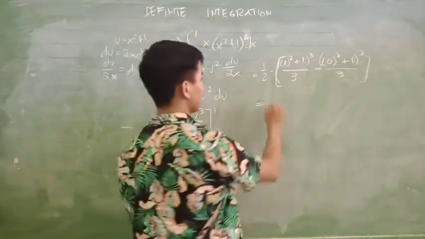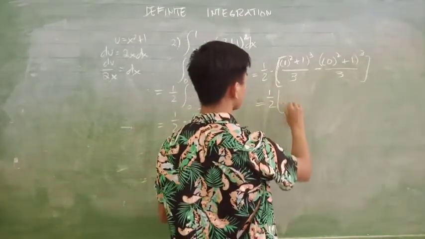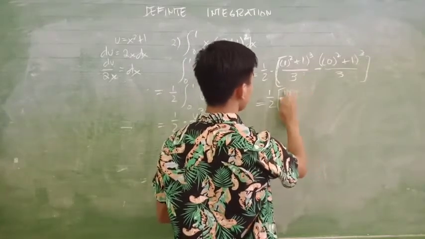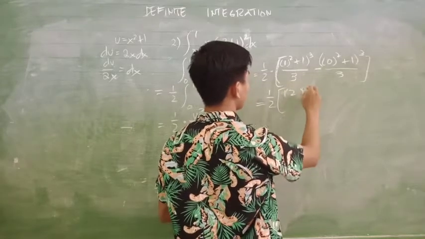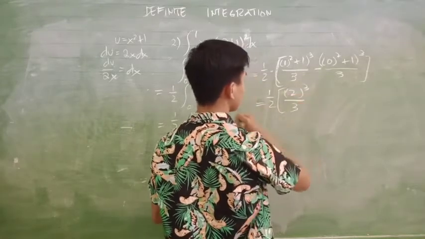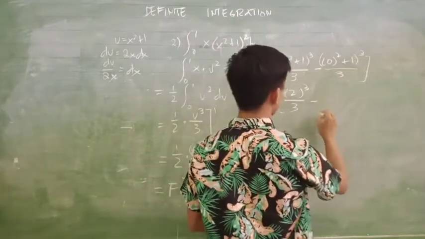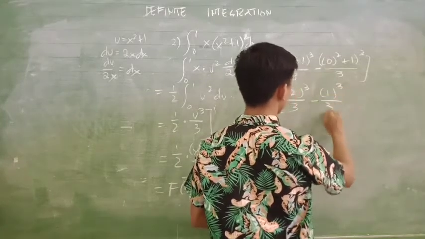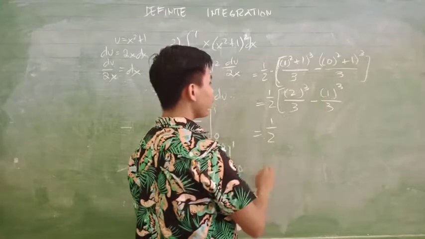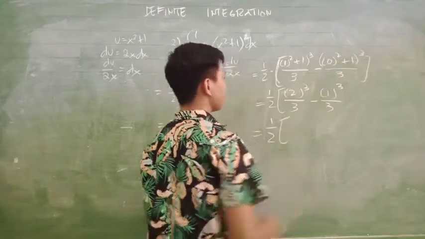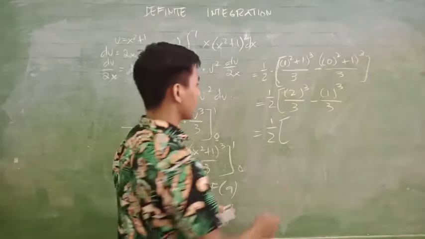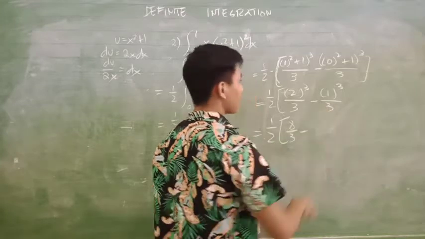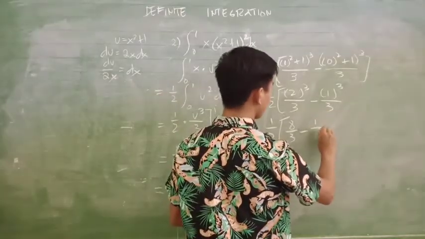So simplify, we got 1 half. So 1 squared is 1 plus 1, this will be 2 cubed over 3, and then minus 0 squared is 0, 0 plus 1 is 1 cubed over 3, and then simplify again. This would be 2 raised to 3 is 8. So 8 over 3 minus 1 raised to 3 is 1, so this would be 1 over 3.